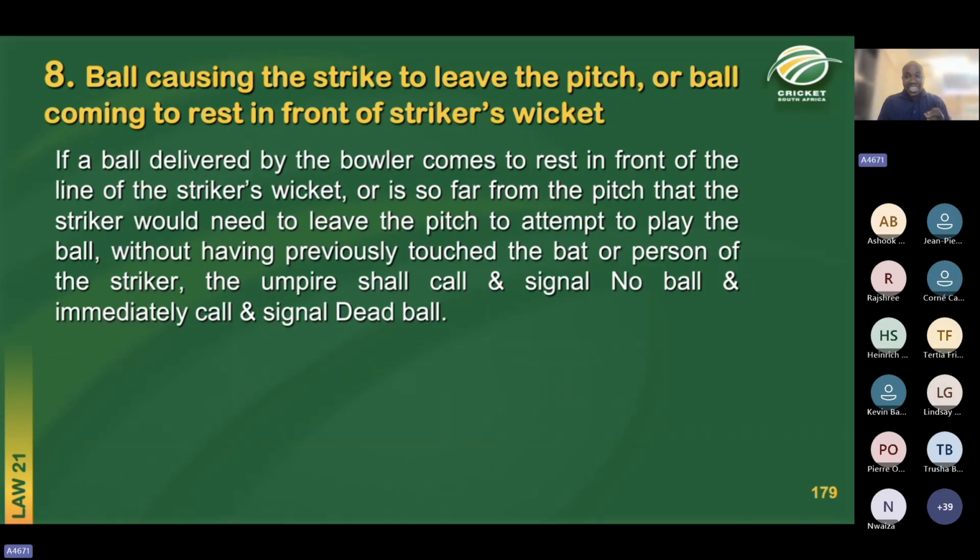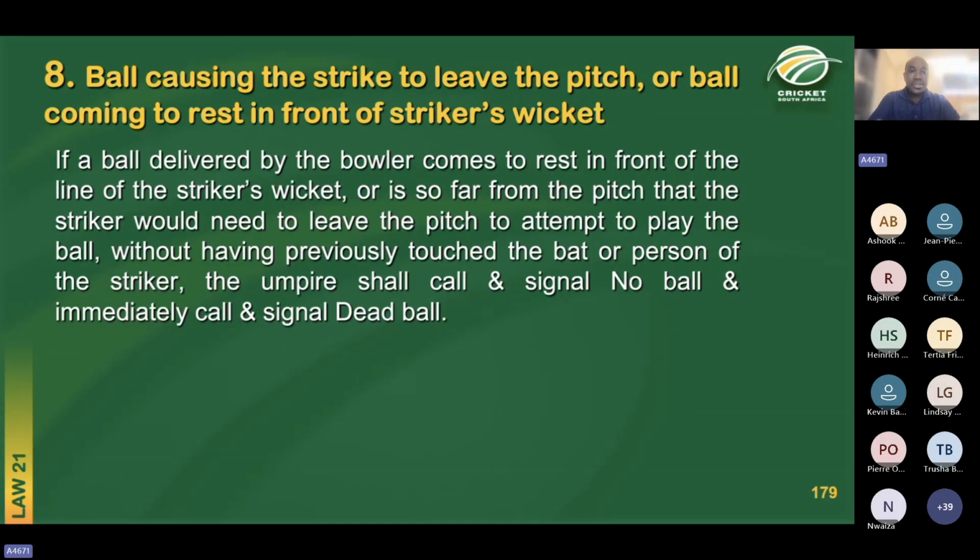So in either of these two scenarios, if the striker has to leave the pitch, so no part of the striker is still on the 3.05 meter width of the pitch, if they go off the pitch to try and play a shot, then the bowler's end umpire will call and signal no ball, and immediately thereafter call and signal dead ball so that the striker can't hit that ball.